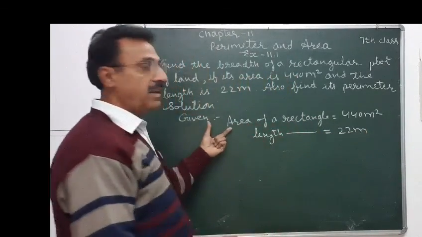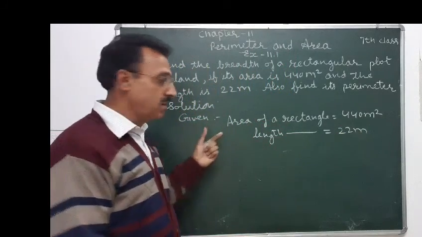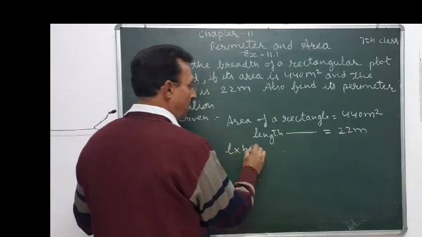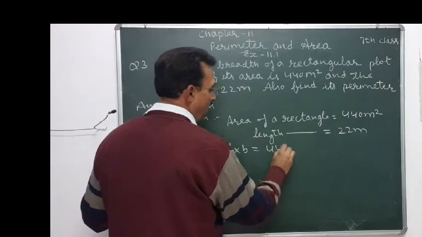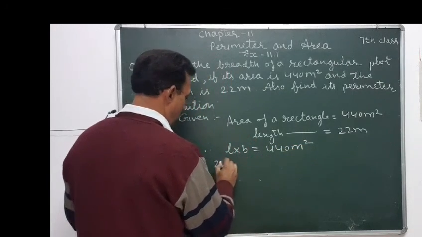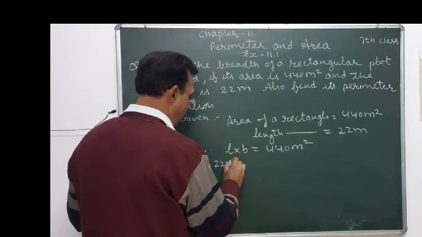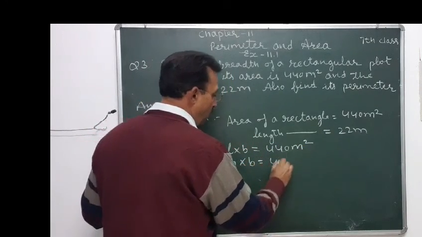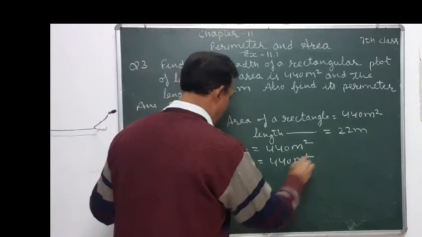So we know that the area of rectangle is length into breadth. So length into breadth is equal to 440 meters square. Length is given, so put the value of L, that is 22 meter, into B is equal to 440 meters square.